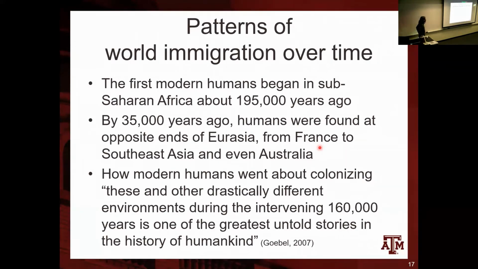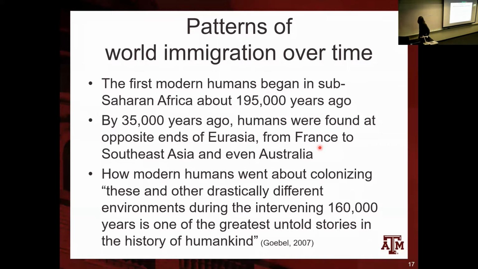And now going through a little bit more about the patterns of world immigration over time. And after that, I will go specifically into immigration patterns in the US. Some of these topics I already covered, so that's why I'm going a little faster here. Modern humans began in sub-Saharan Africa about 195,000 years ago.